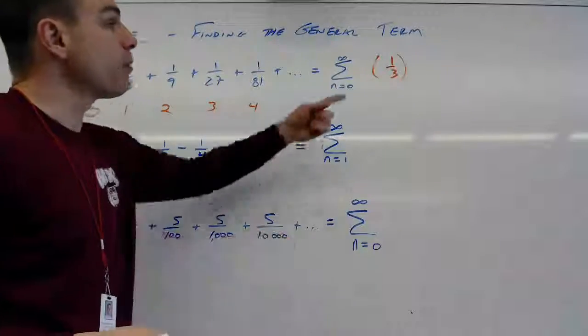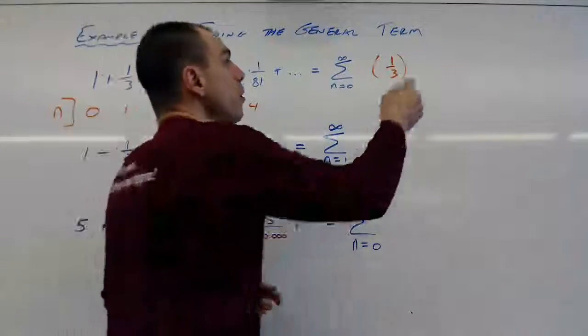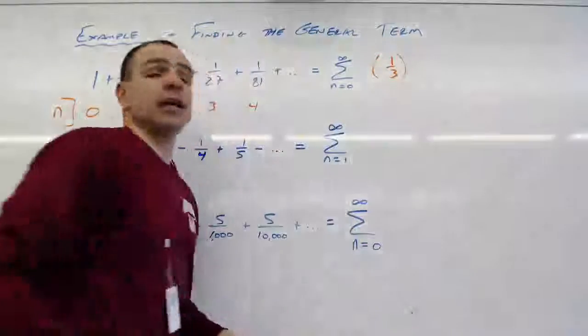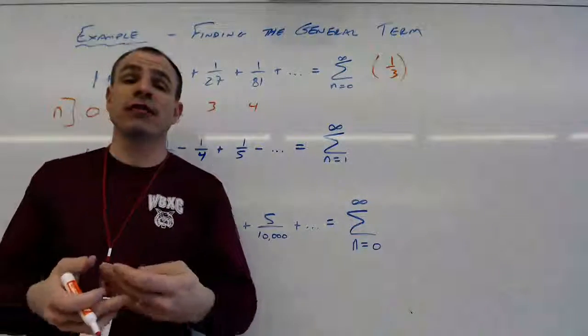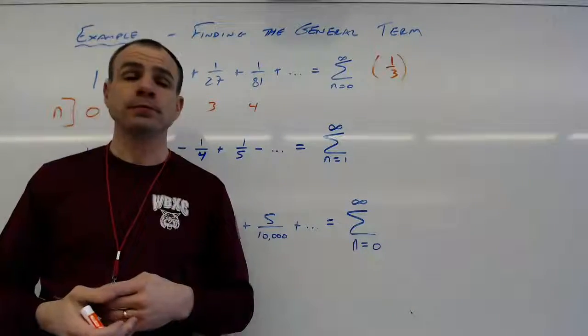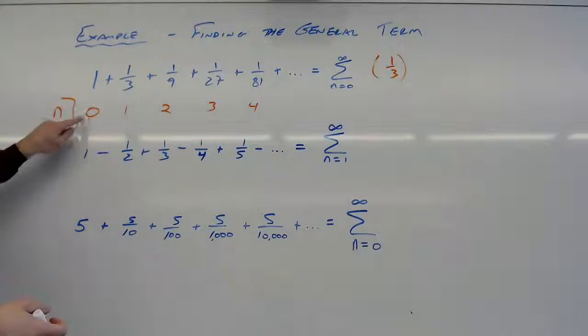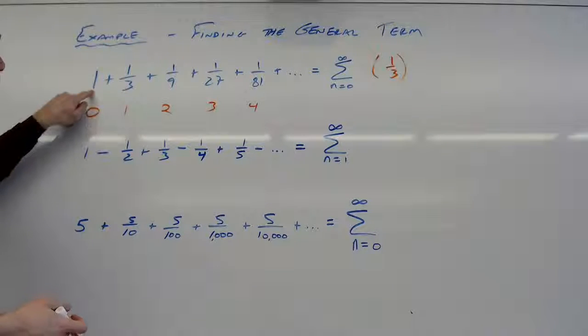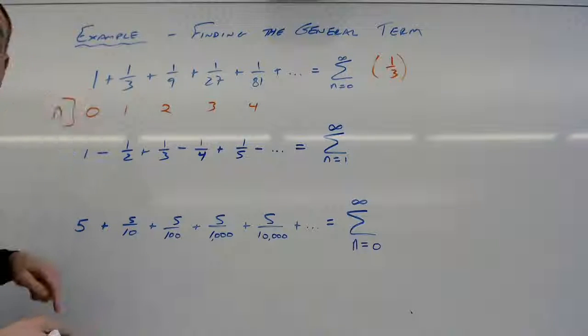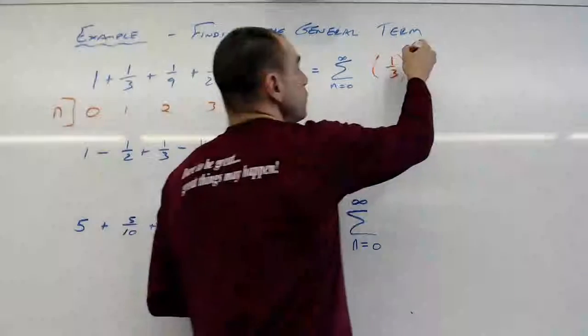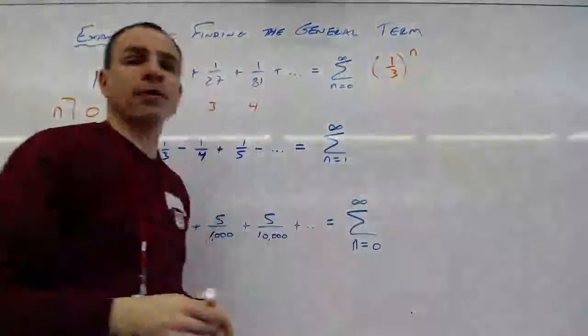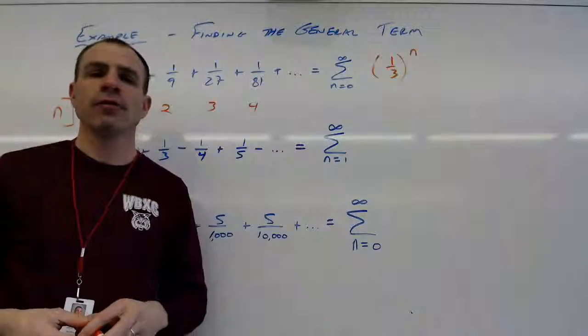All right, so we have the 1/3. The question is, what's going to go up here in the exponent? What expression involving n is going to get us what we want? All right, well, n starts at 0, and when n is 0, we get 1. So it would seem that if we have n up in the exponent, let's see if that works out.